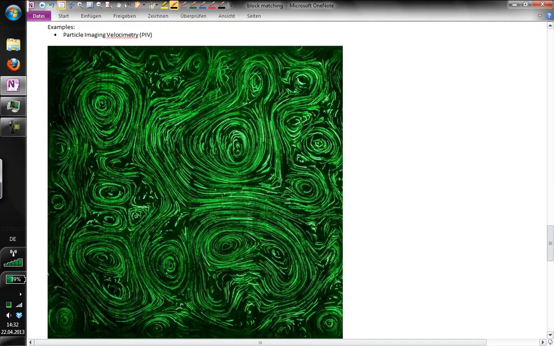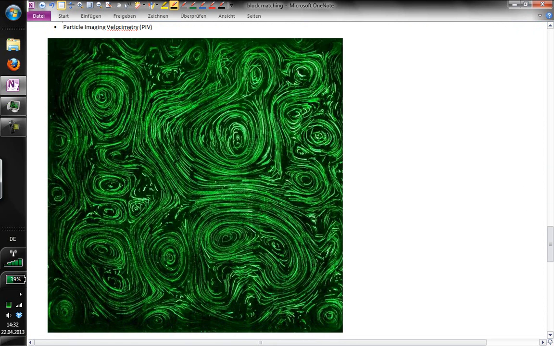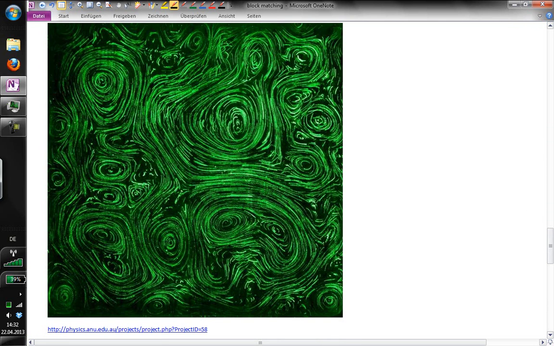I wanted to give you further examples of where such block matching can be used. So here's a pretty image from Australia. These people studied turbulence, and they do so by means of particles or beads that can be suspended in a fluid or in a gas.